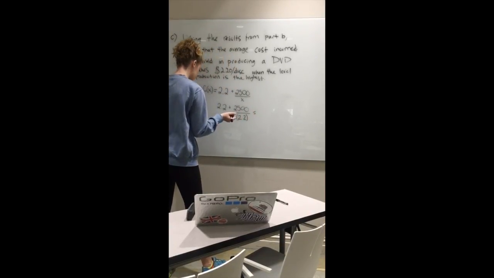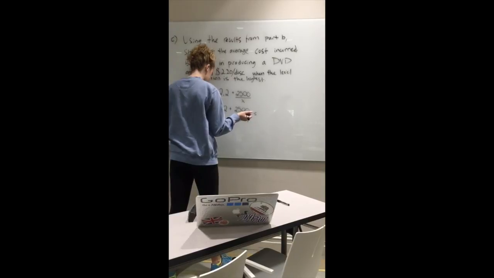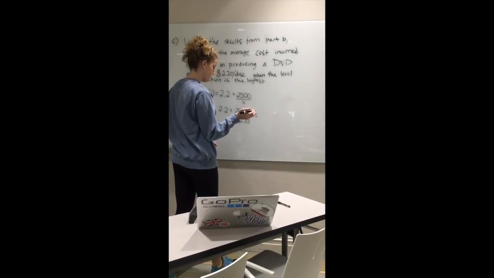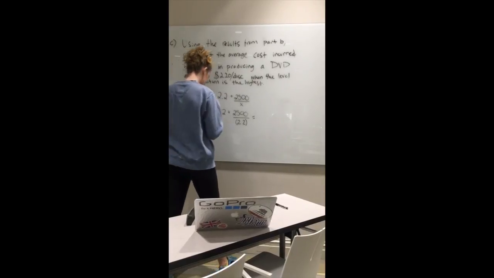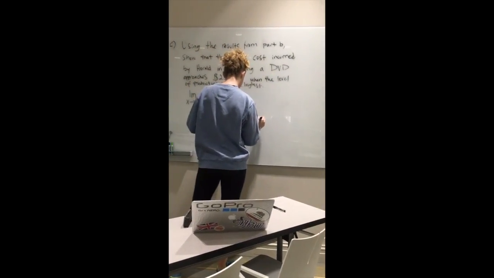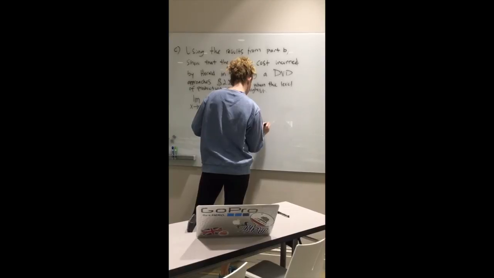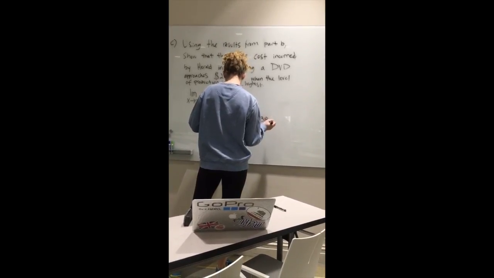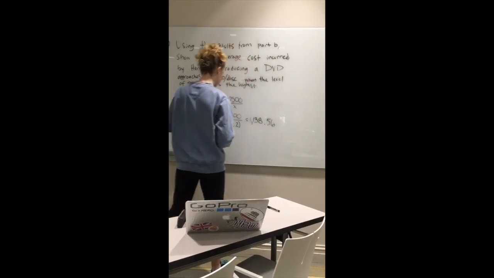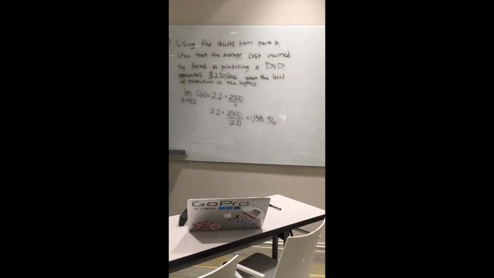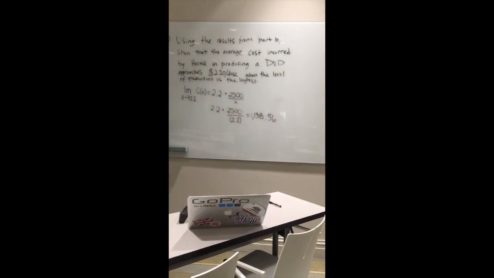When it's approaching 2.2, we're finding those small numbers that are infinitely close to 2.2. So we're going to plug in 2.2 for x, and we find that the answer is 1,138.56.